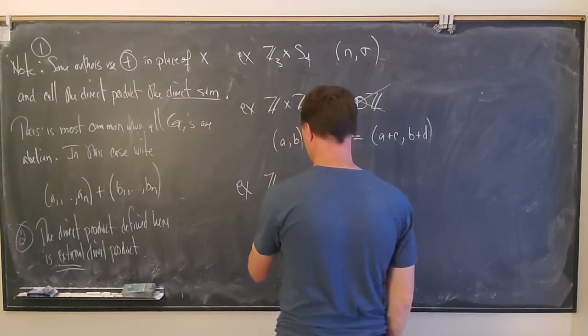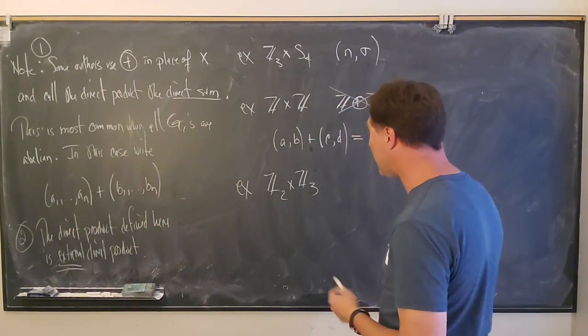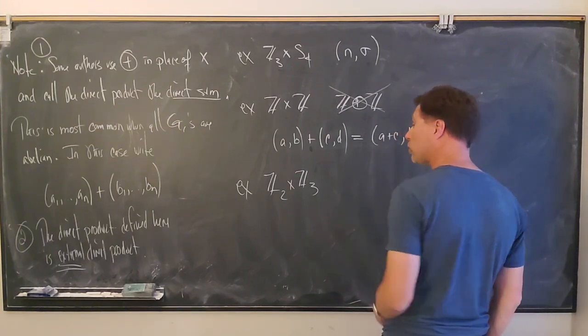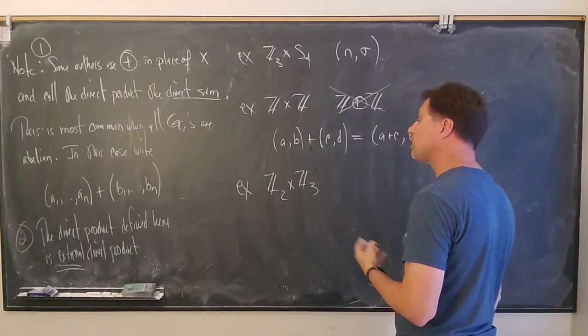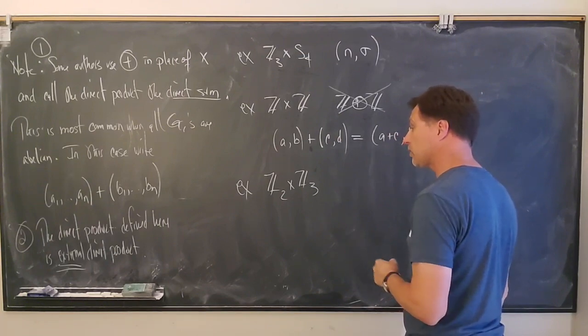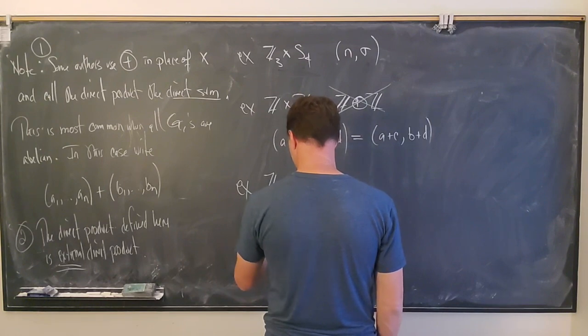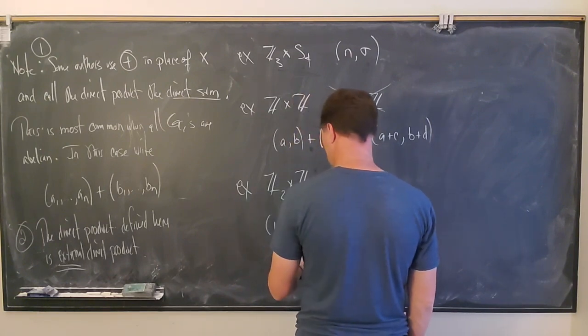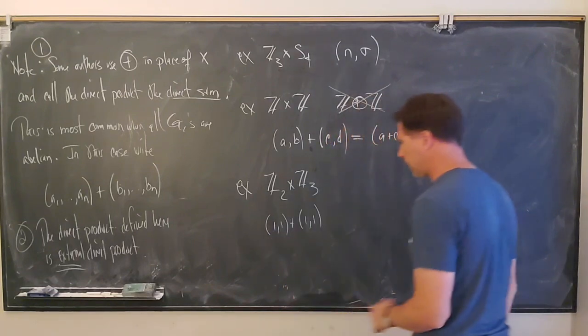Z2 cross Z3. Okay, so now the elements are going to be ordered tuples A comma B, where the first element comes from Z2, the second element comes from Z3. So for example, how about this? 1, 1 plus 1, 1. What do we get here?